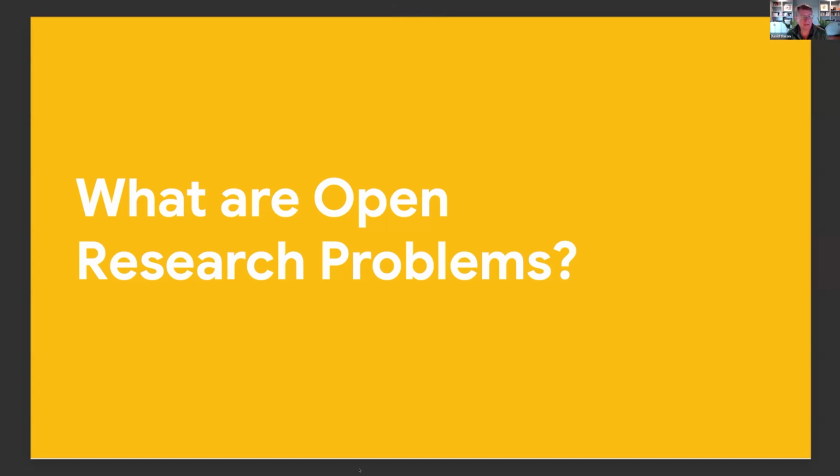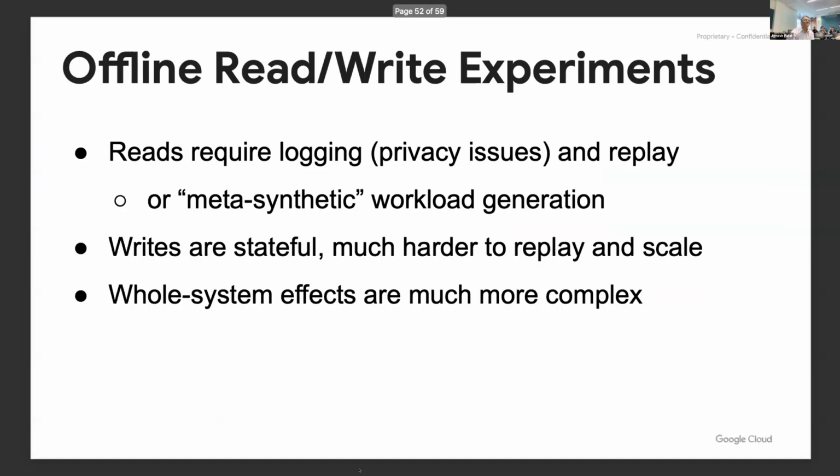Go for it. All right, so I wanted to talk about some open research problems. Hopefully you guys will solve these for us. I described this experiment framework, and it's great, but Spanner is a highly stateful system, and our experiment framework, since we don't write anything, fundamentally can't model stateful updates.